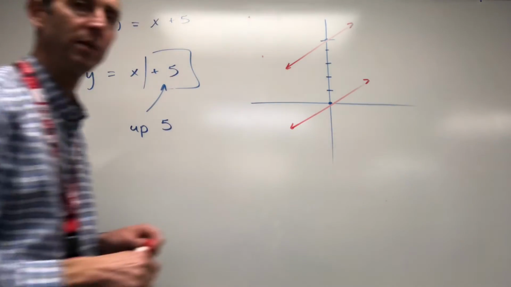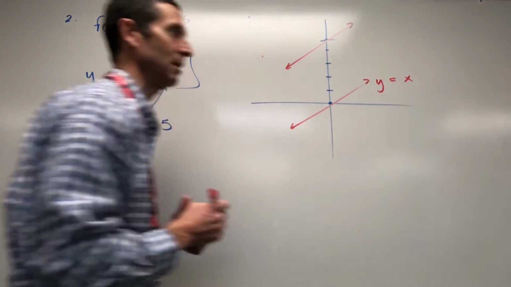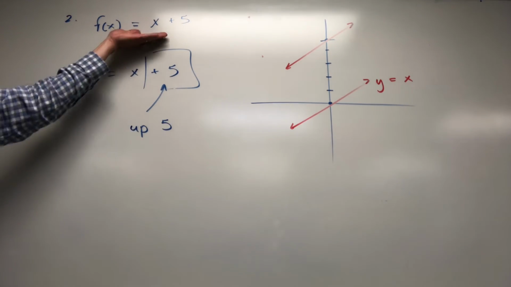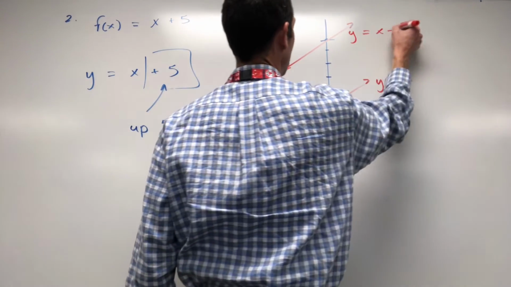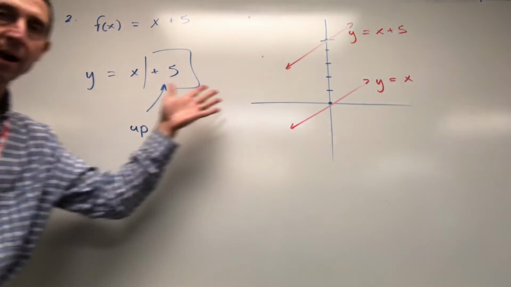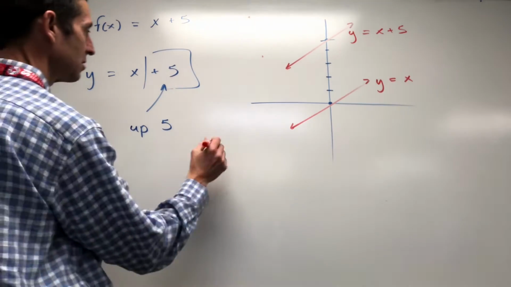So there's our 2 linear graphs. Here's my parent function, y equals x, labeling that. Here's the function they gave us, x plus 5. So you've got your 2 graphs, done. You've got them labeled, done. And then you've got to describe this.